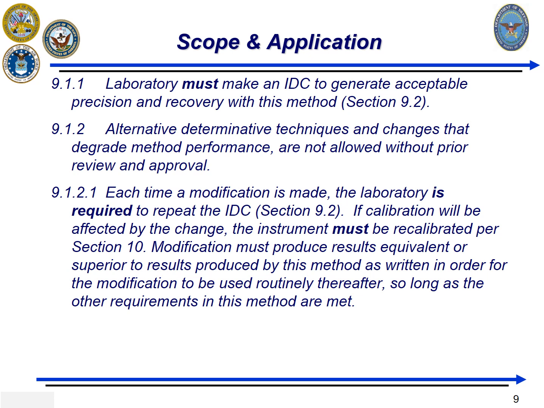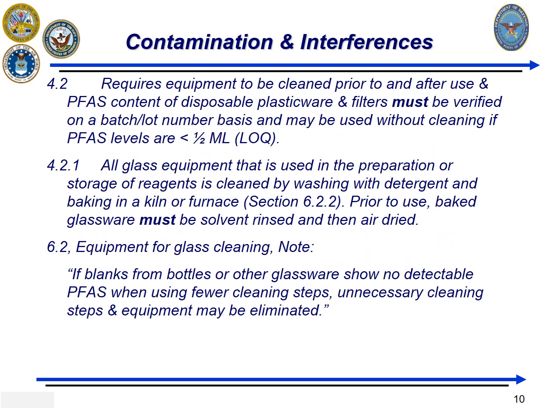If the changes that are made to the method affect the calibration, the instrument must be recalibrated per the method. And a modified method has to produce results that are equivalent to or superior to the results produced by the method as written. Once this equivalence is shown, or it's shown to be superior, the modified method can be routinely used thereafter.